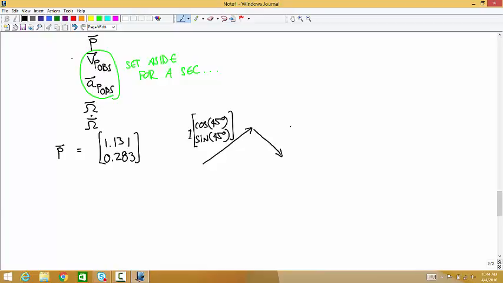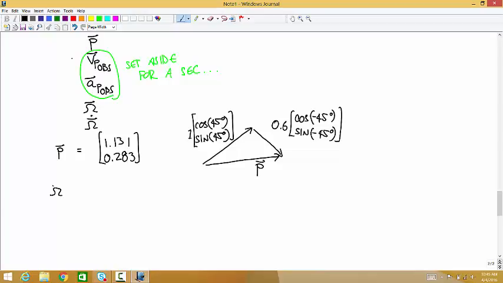This vector is 0.6 times cosine of negative 45, sine of negative 45. We're trying to calculate this position vector, and so you can get that by just adding up those two vectors.